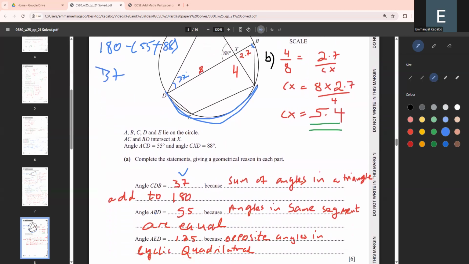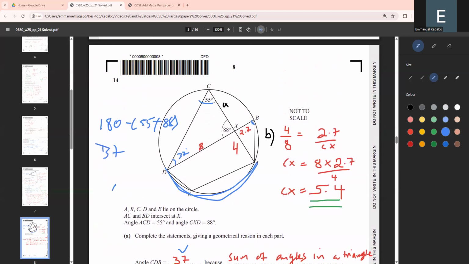Then they said find angle AED. Where is A? A is here. E is here. Then D. They're asking you this angle. So you have to see this one.